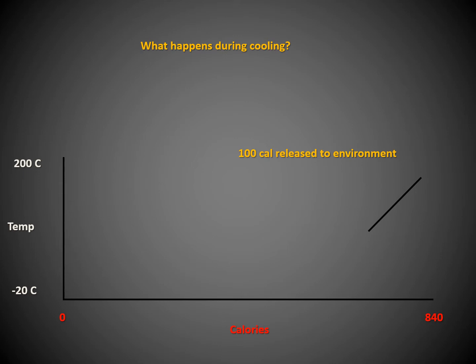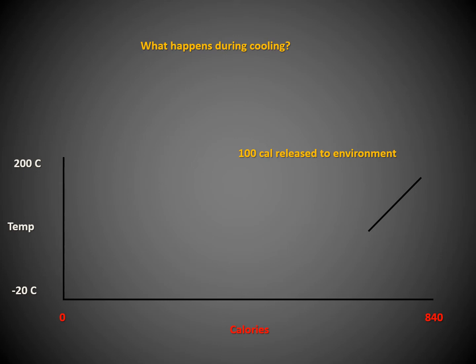Basically the air around it, or if it's in contact with other rocks, could be the rocks around it. So if it gives off 100 calories, what do we have? Steam at 100 degrees, right? If we want it to condense into water, what does it have to do?